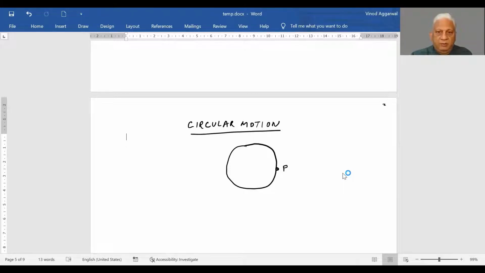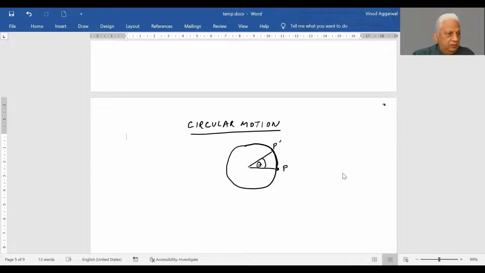Let's say this is a particle P which goes in a circular path, goes to P dash, and it covers an angle theta. The particle is said to be going in a circular motion.